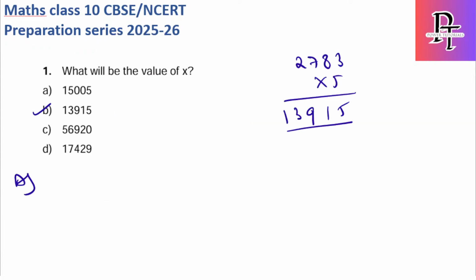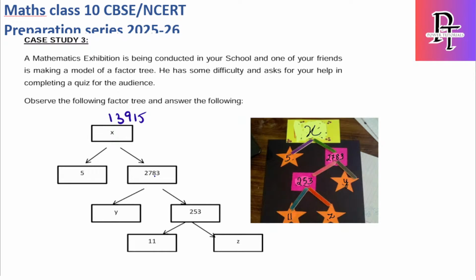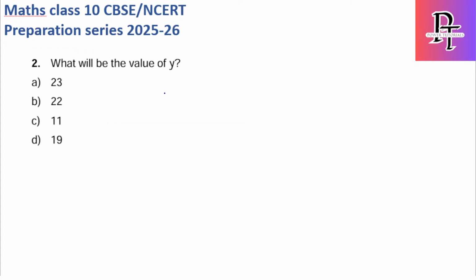The value of y. For the value of y, what I have to do, 2783 is getting divided as y and 253. So simply if I divide 2783 by 253, I will get the value of y. 2783 by 253, I have to do it.